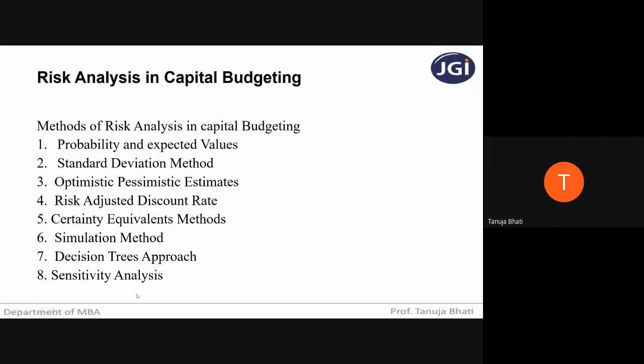Next is sensitivity analysis. This is another technique where you're going to see how sensitive the investment proposal is. This technique looks at the impact of any change that is happening around, and how sensitively it is going to impact a particular project.